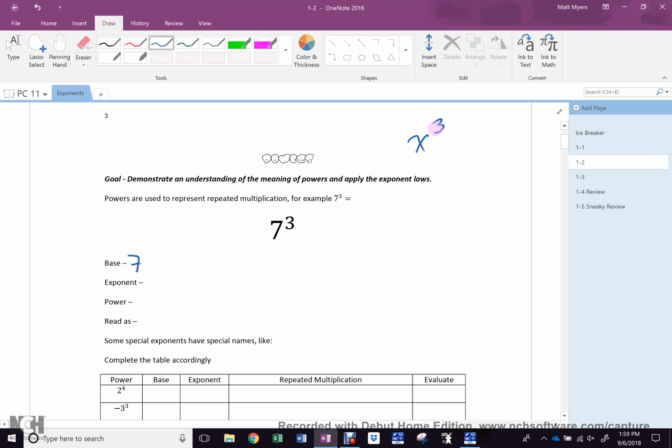So what's the base? X. So tell me how you find it. How do you know the base is x there? What is it about the way we write that you know the base is x? It's the big number. Okay, again, we're using number. That's a letter. We're getting warmer. The big thing. Okay.